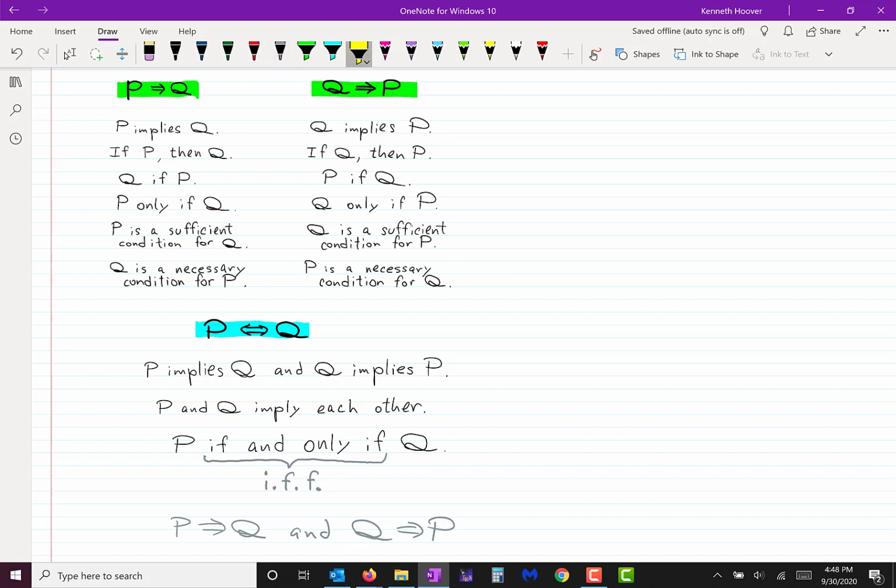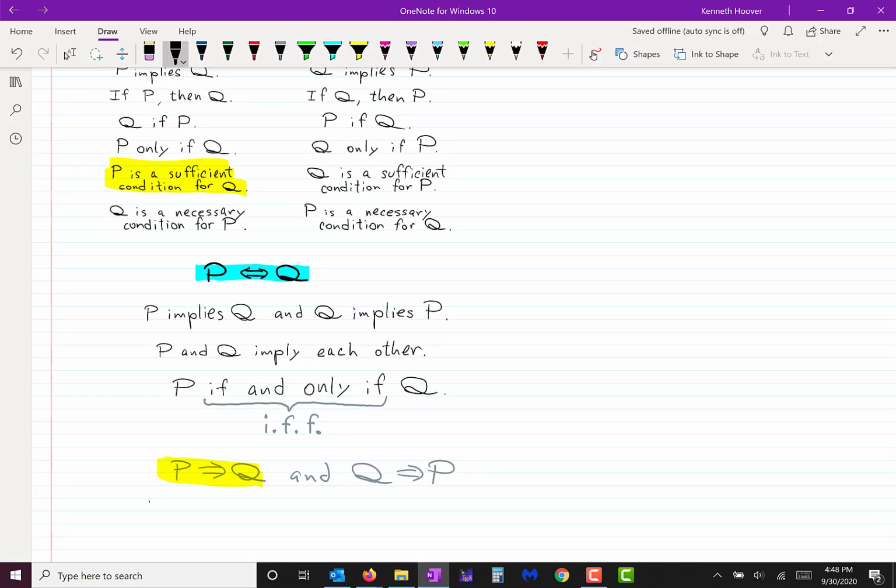So, for this half, let's use the word sufficient and say P is a sufficient condition for Q. All right, let me write that down.